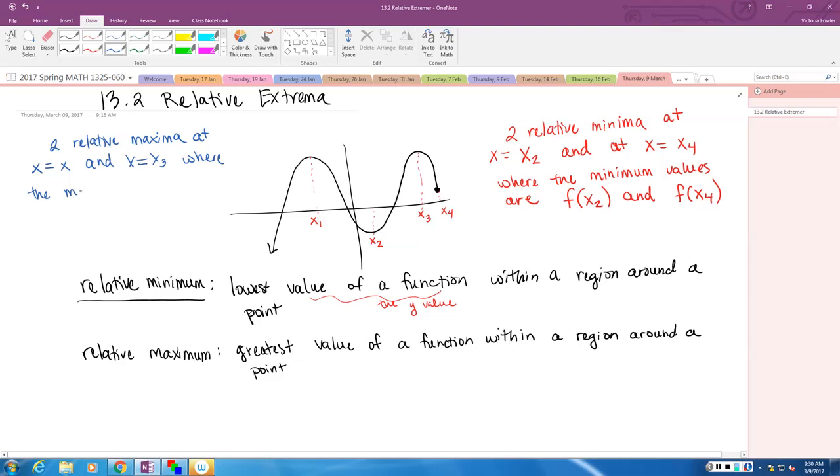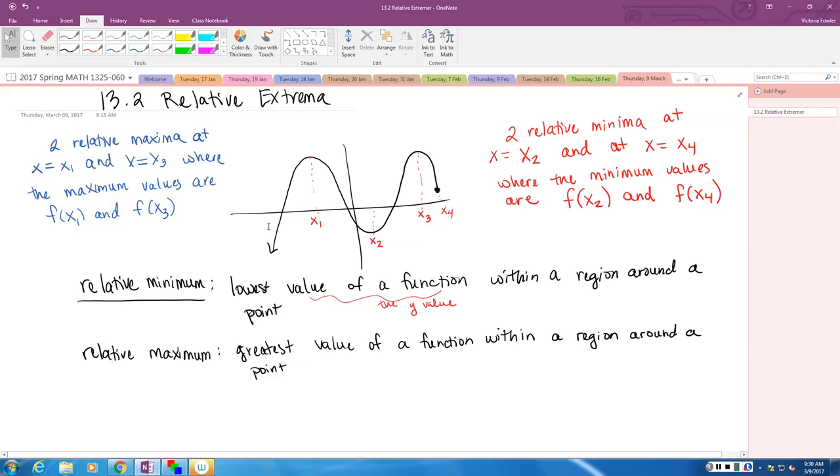Where the maximum values I've of course written f of x sub 1 and f of x sub 3. It keeps vanishing. Stay.